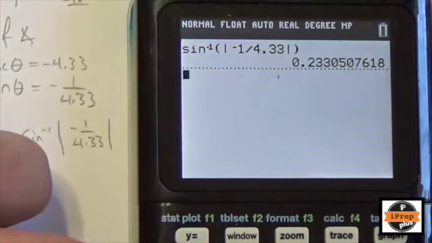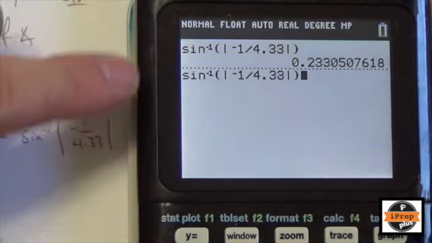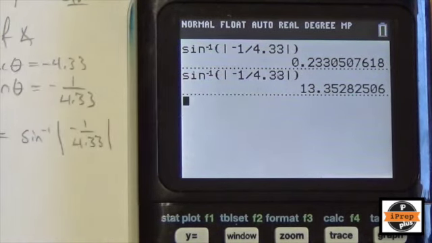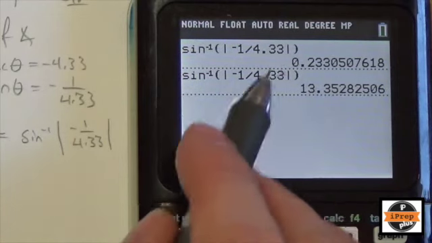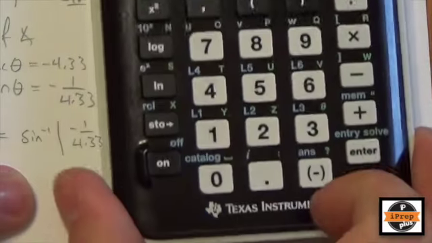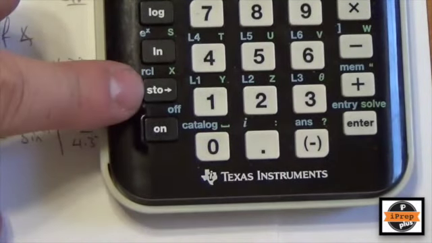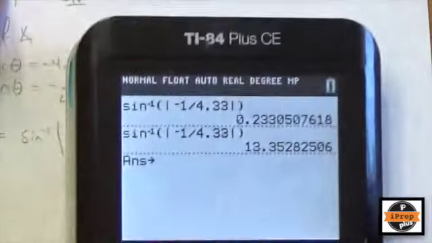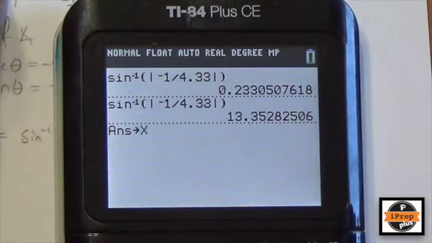Okay, now if I do that again, so press second enter to repeat that. If I press enter, there it is. That makes way more sense. Now, I'm going to keep that angle in there. And actually, because I'm going to need this a couple of times, I'm going to store that answer. Store is the button right above on here. I'm going to store that in the X variable, press enter.